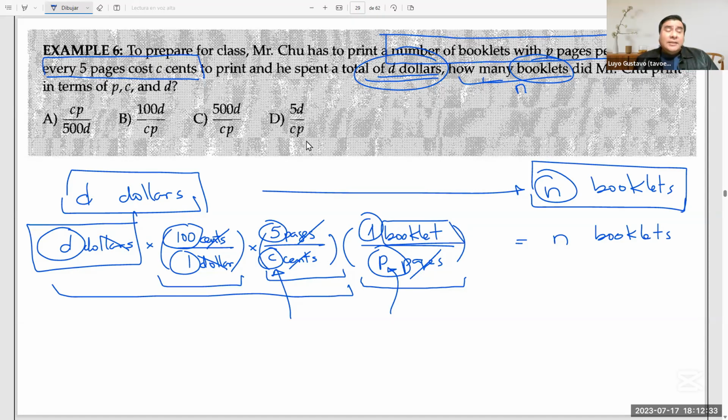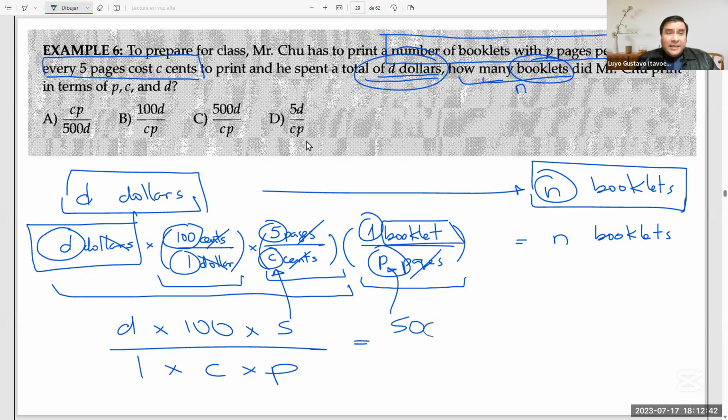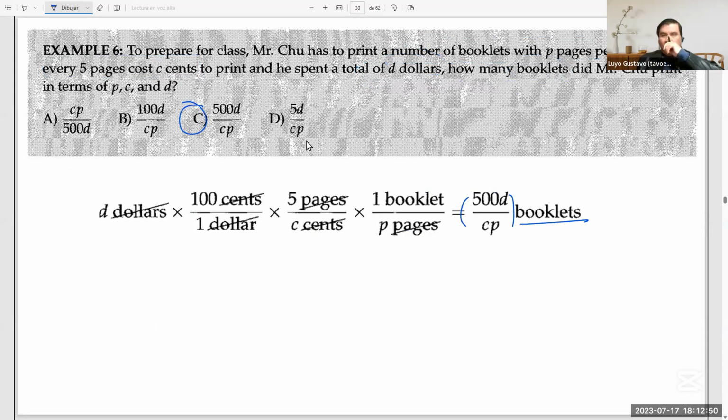And multiplying D times 100 times 5 divided by 1 times C times P yields exactly 500D over CP. So this is the value of our N booklets here. Okay, this is what I'm expressing in this formula. All right.